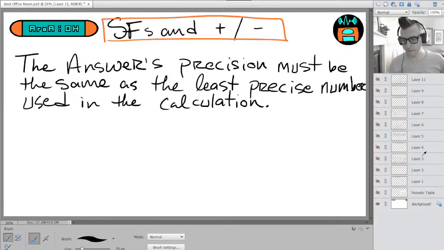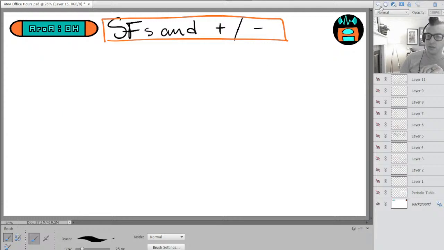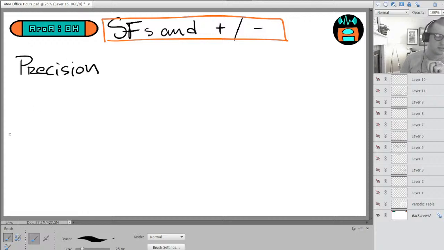Now, there are two times where this word has cropped up, precision and precise. What exactly do we mean? So to understand this definition, we need to look at what precision is in a technical sense.